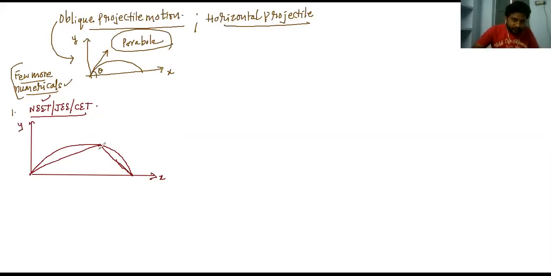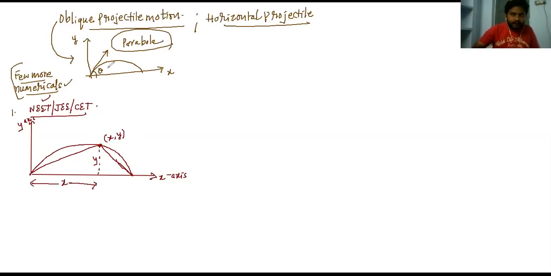It's a given diagram. This is y and this is x. So that means the particle is at this point, coordinates x comma y. So this is x-axis, and this is y-axis.